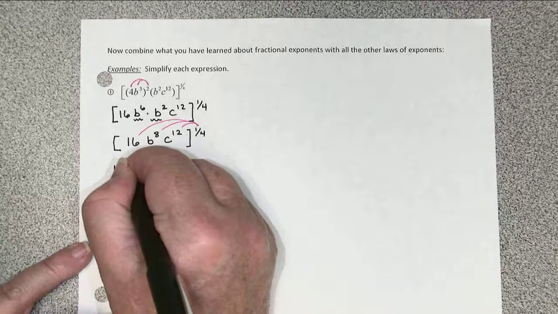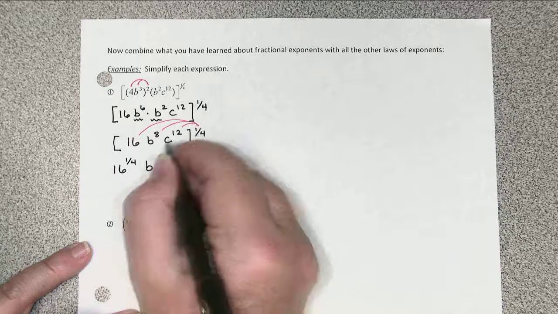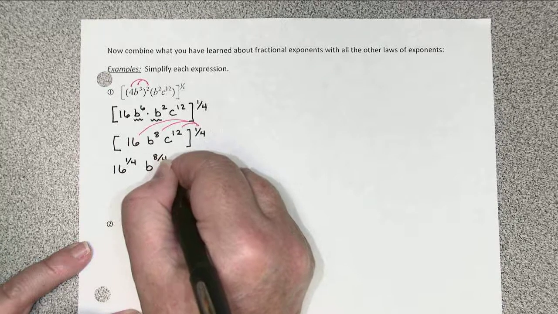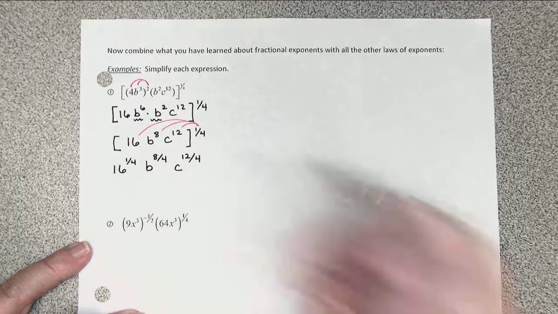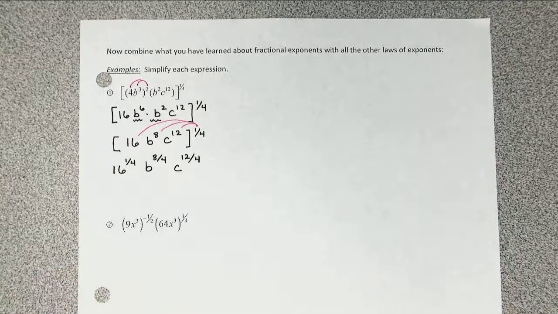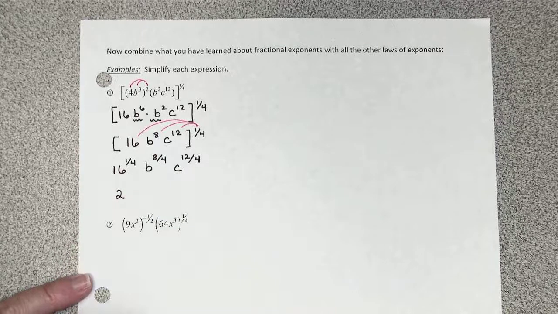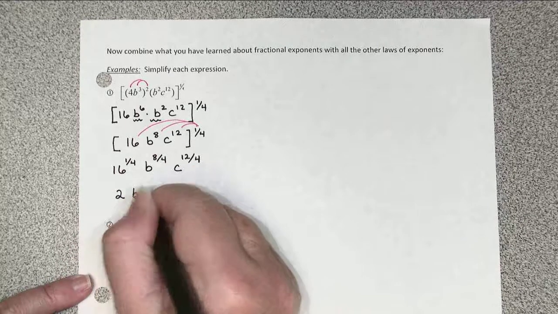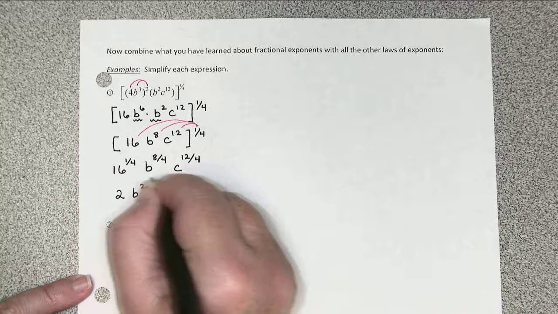I'll have 16 to the 1/4, b to the 8/4, and c to the 12/4. 16 to the 1/4, or the 4th root of 16, is 2. And then I just simplify my powers. b to the 2nd, c to the 3rd.